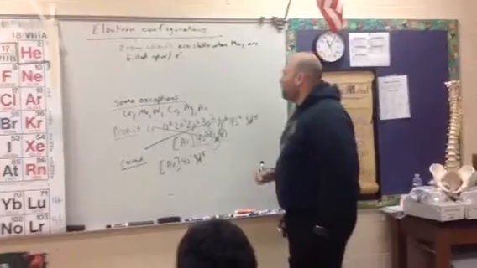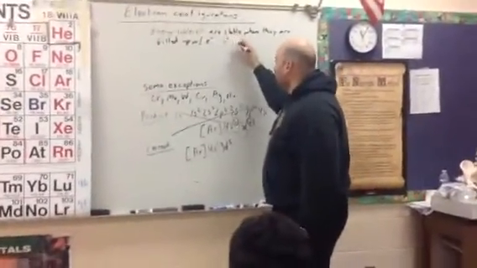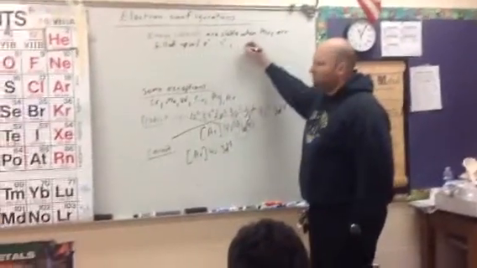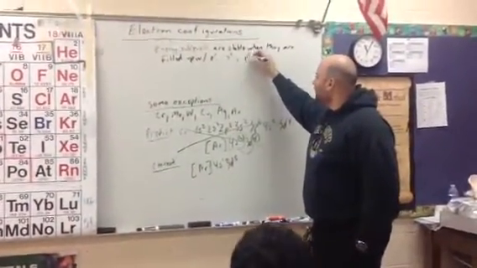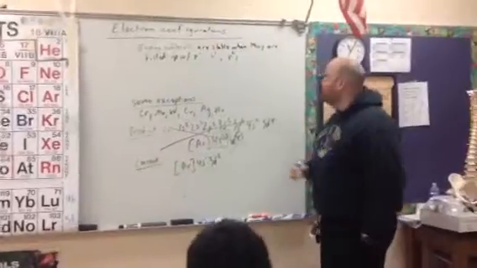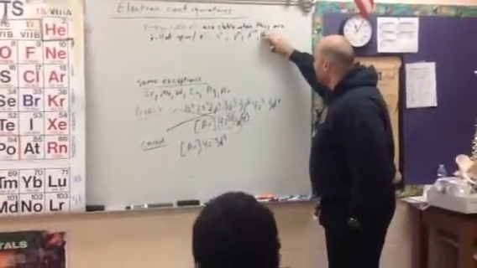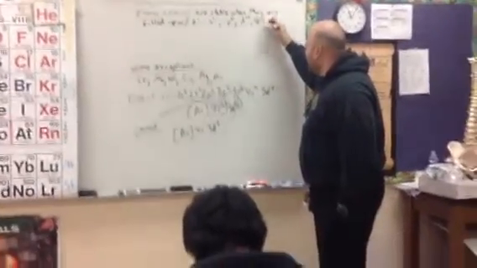So for the S sublevel, that would mean when it looks like S2. What would that mean for the P? What does the P hold at maximum? 6. What about the D? 10. The F? Whoops. That would mean F14.